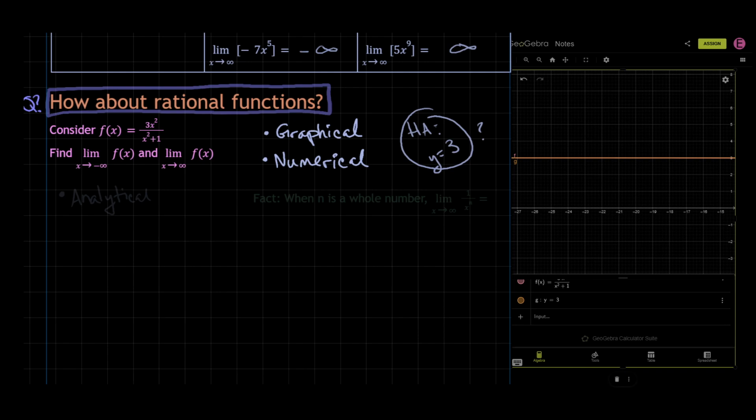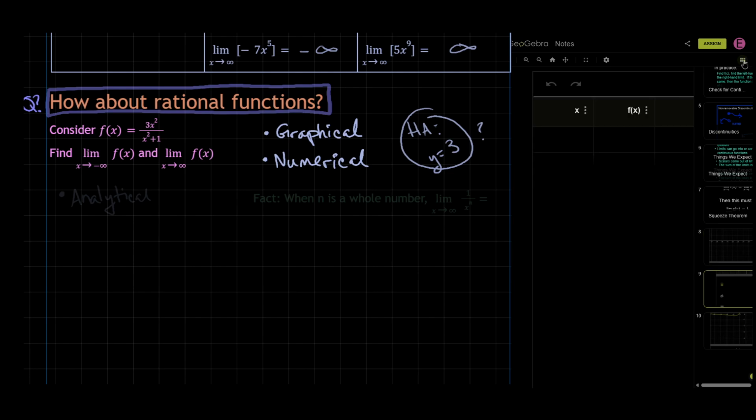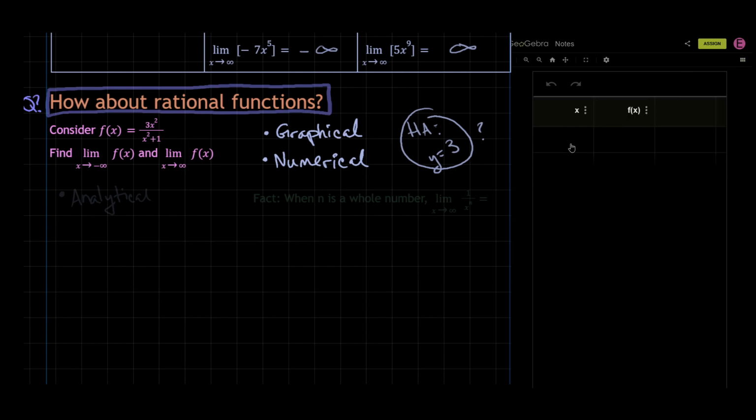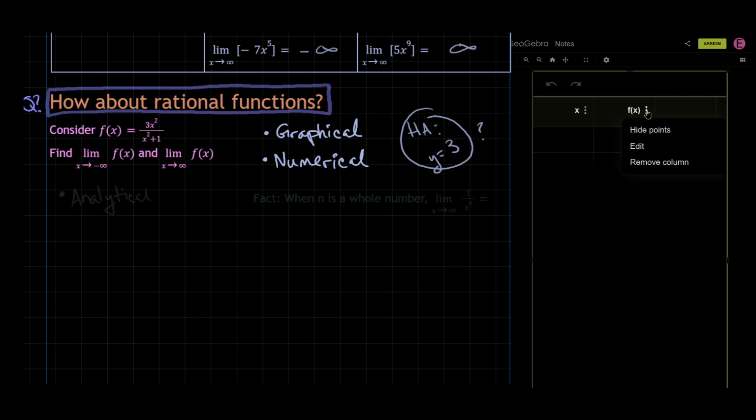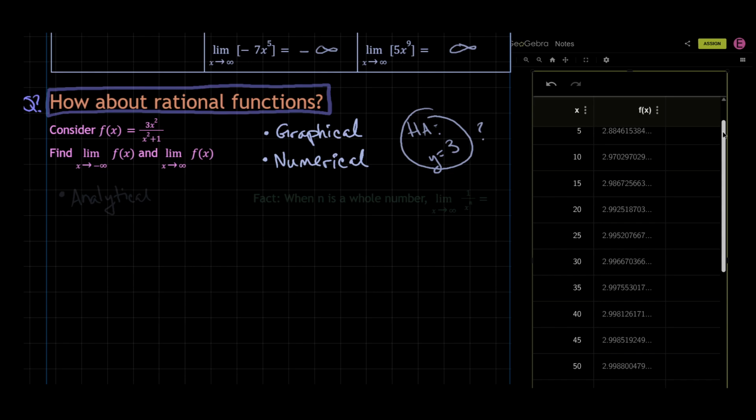A numerical approach would be looking at a table of values. Okay, so here is x, and then here is the y value, the same f of x that we're looking at. The numerical approach says, let's watch what happens when x gets bigger and bigger and bigger.